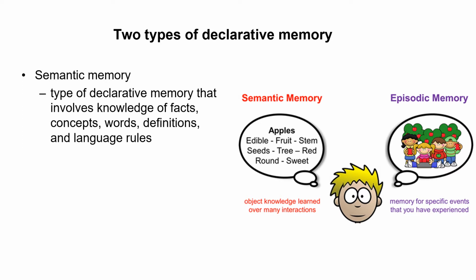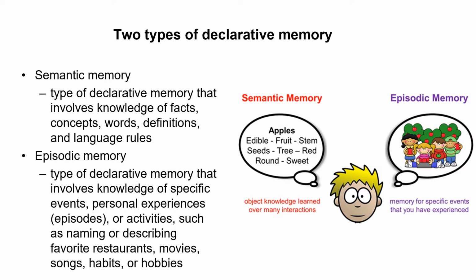This is our memory of facts, concepts, words, definitions, language rules, all of these types of things. It is essentially, if you go to do trivia, this is what you're pulling from mostly. When you're dealing with people, their name, things like that. That's semantic memory. It's a memory of, or knowledge of, facts.